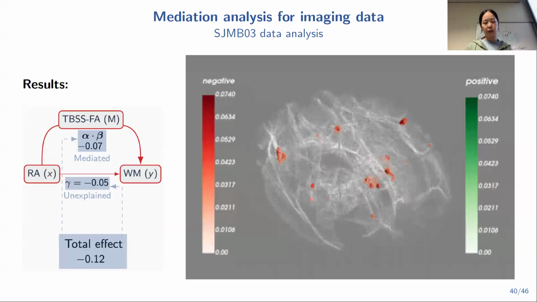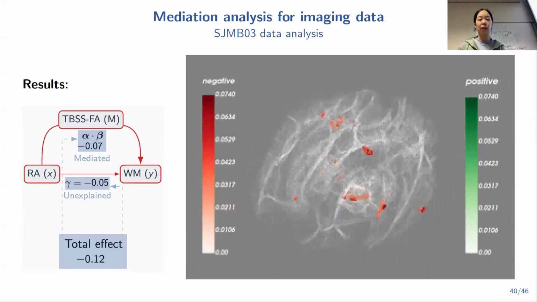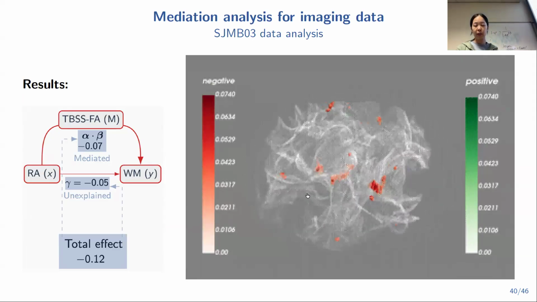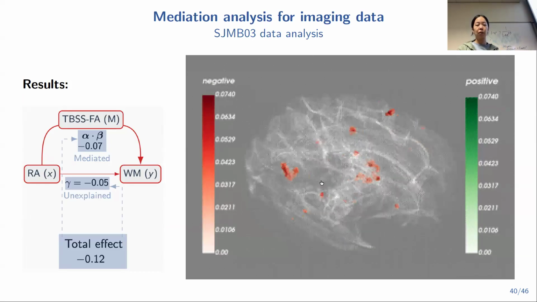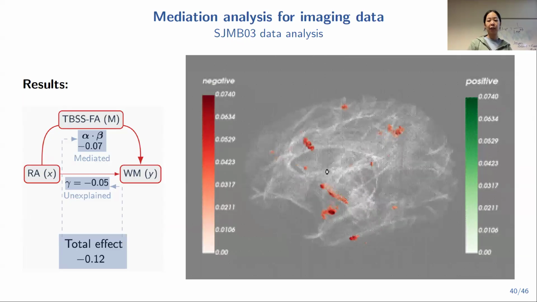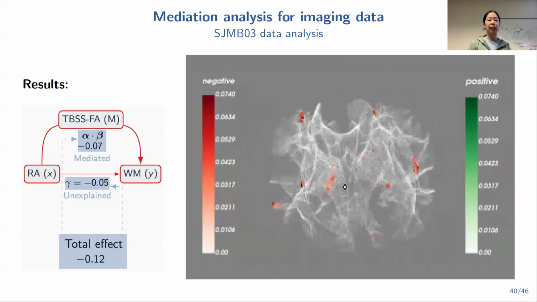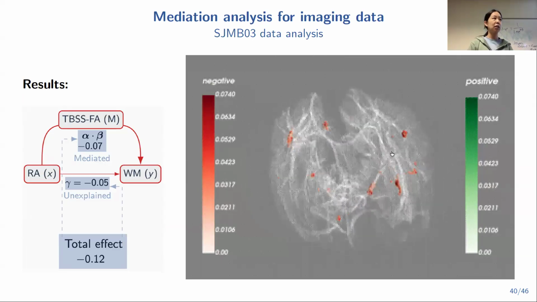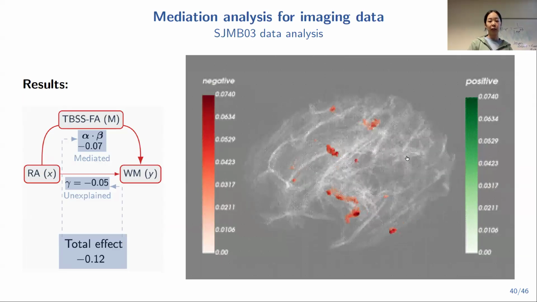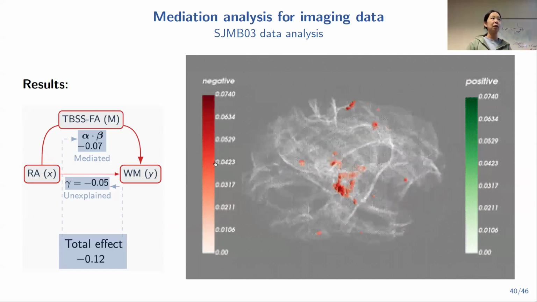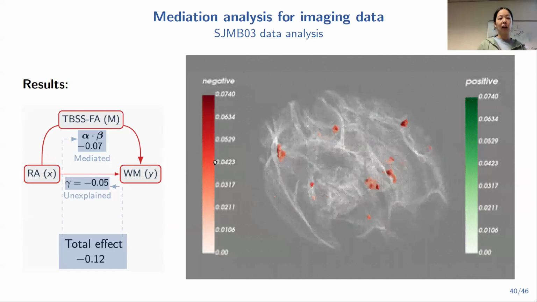And here are the brain regions of most interest, because these are the regions where both alpha and beta are non-zero. Those are regions that enable our negative pathway. You can see the effects are red, and most of them are negative. So our hypothesis is that if we protect those regions during radiation therapy, in theory, we will benefit our children with better working memory development in three years.